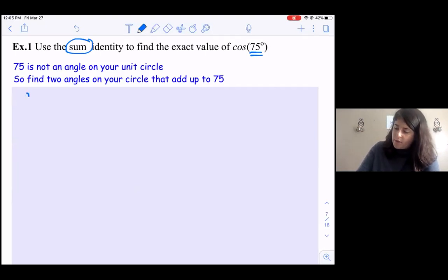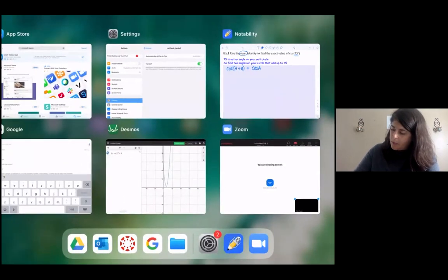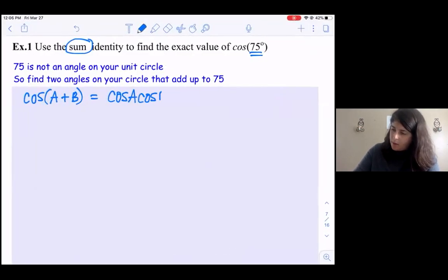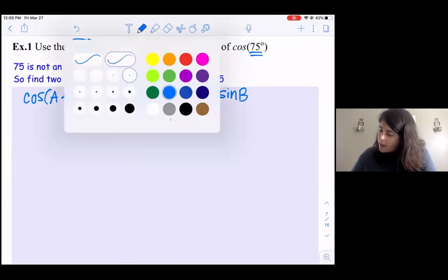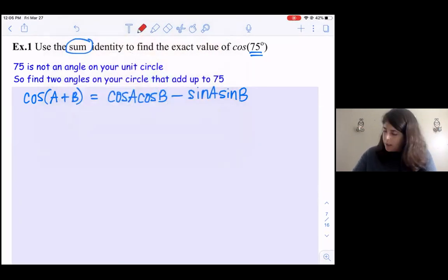From your previous page, you should see that the sum identity, remember sum means add, is cosine A cosine B minus sine A sine B. A lot of you may say, well, how do I know to use cosine? That's because I'm finding the cosine of my angle, so I would need to use the cosine sum formula.